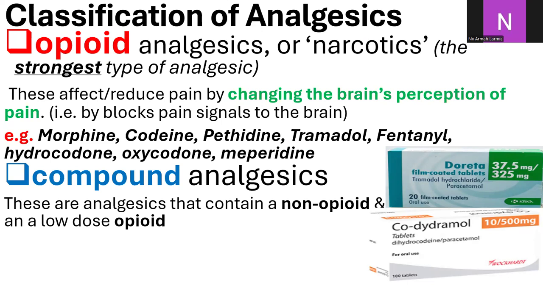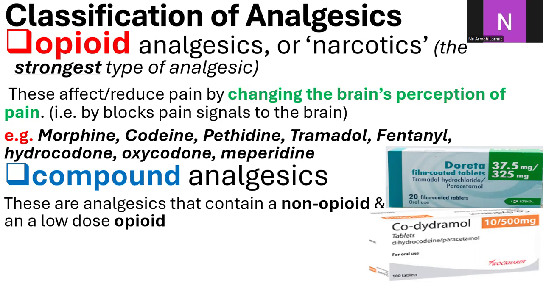Now, how does this class of drugs work? They reduce pain simply by changing the brain's perception of the pain. Put another way, they block pain signals from reaching the brain.